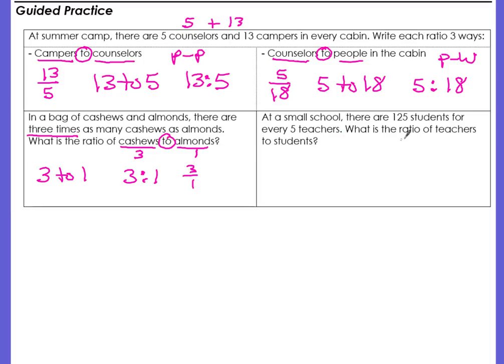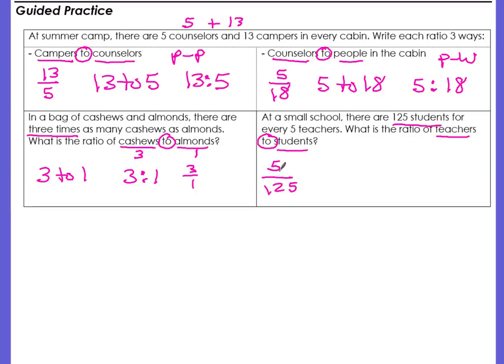Okay, at a small school there are 125 students for every 5 teachers. What is the ratio of teachers to students? So we're comparing teachers to students. Looking at our problem, how many teachers are there? There are 5 teachers. And how many students are there? There are 125 students.